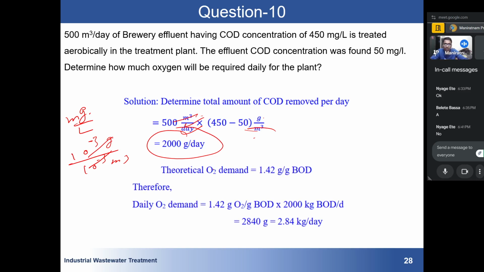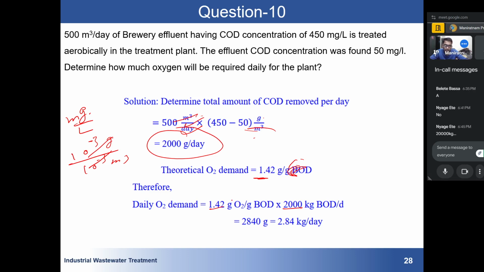And the theoretical oxygen demand is 1.42 gram per gram of COD, not BOD, COD. So the oxygen demand will be 1.42 into 2000.